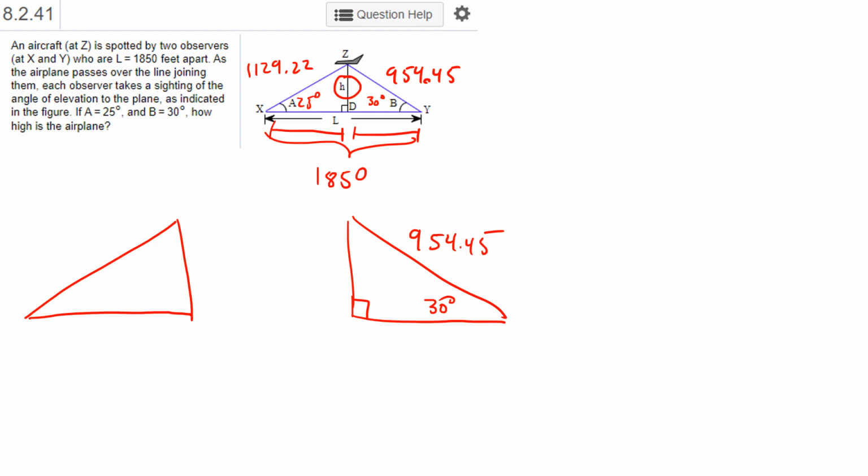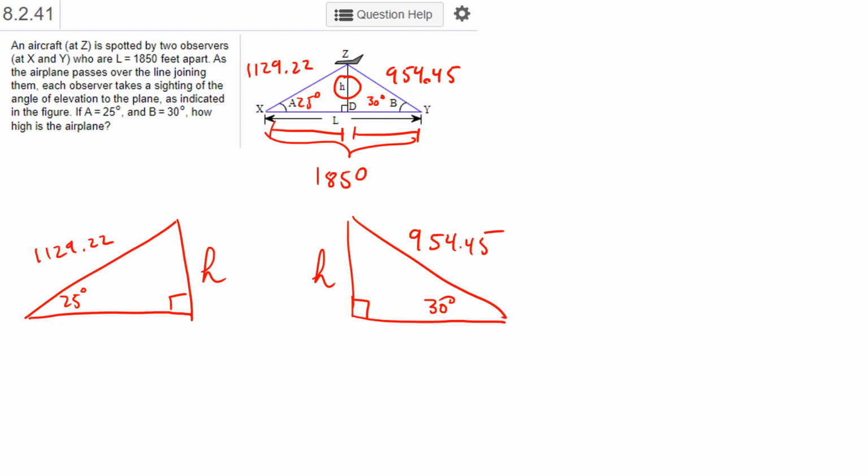The triangle on the left has a 25 degrees and a right angle, and this is definitely 1129.22, more or less. We rounded to 2 decimal points, remember. Now the unknown is h, which is the same opposite side here. So we can use either triangle we want, and we'll go more or less the same way.